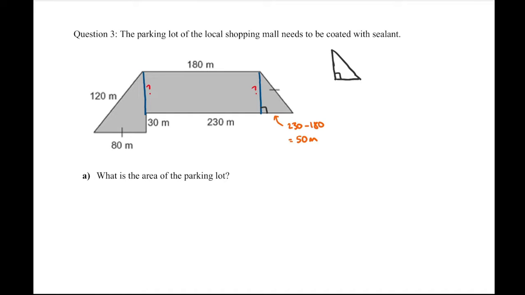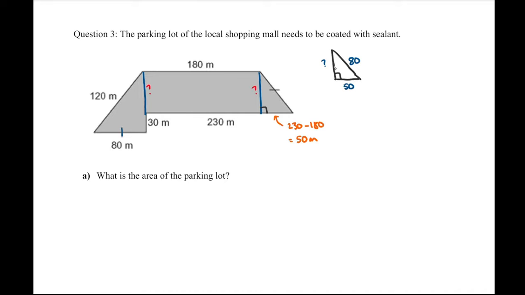I know that this base is 50, this diagonal is 80 because of the lines. These lines again tell us that these are the same measurement, and I'm missing now this height. Being a right triangle, I can use Pythagorean Theorem.